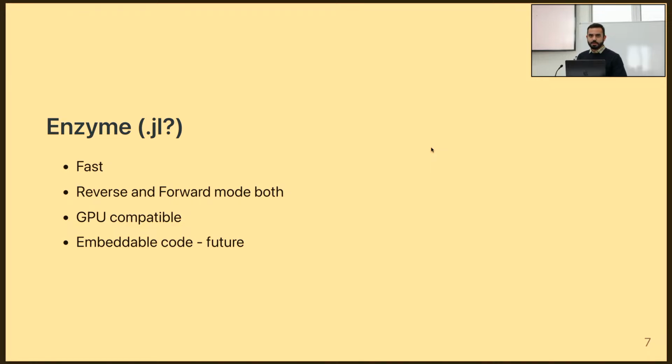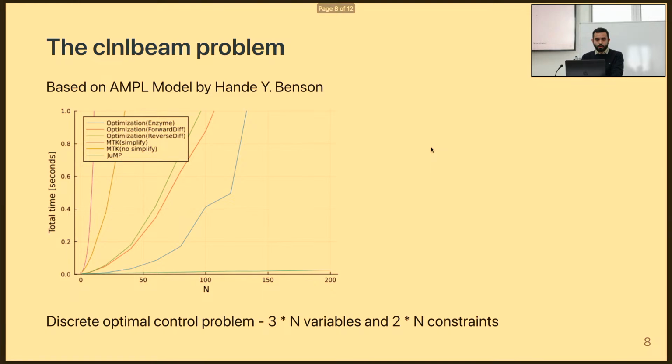There's some issue with that still, but we were able to demonstrate an example of it being possible. And in the future, it would be very useful to be able to have an end-to-end embeddable code, which is something that's very essential for optimal control kind of tasks. Cool. So that was the motivation.